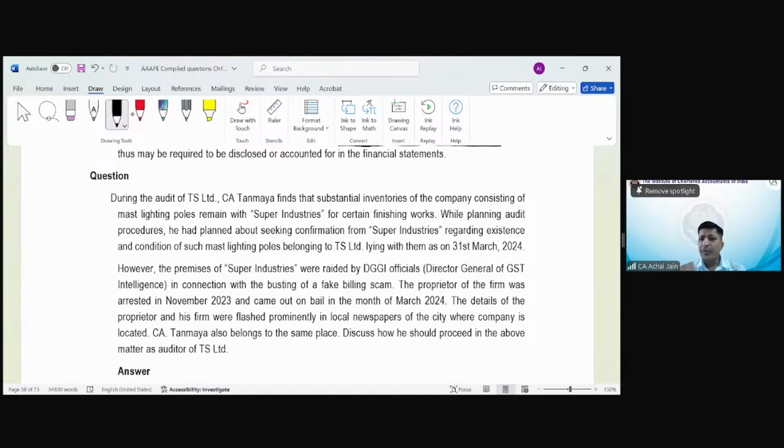Now, moving on to the next one. During the audit of TS Limited, CA Tanmay finds that substantial inventories of the company consisting of mast lighting poles remain with Super Industries for certain finishing works. So it's all about inventories lying with third parties.